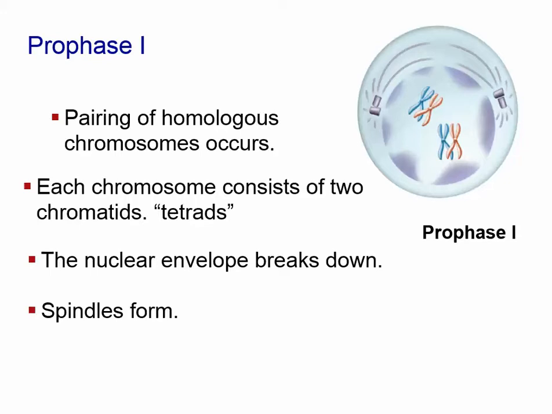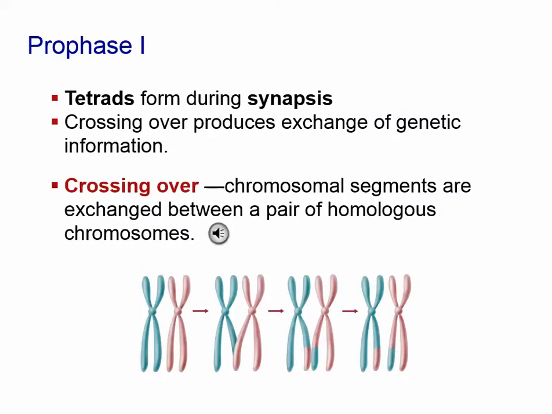But there's some more stuff that goes on in prophase 1. Remember I talked about those tetrads forming? Well, they form during a time that is called synapsis. When these tetrads form, crossing over occurs. Crossing over occurs between the two closest homologous sister chromatids. So here's our homologous pair.